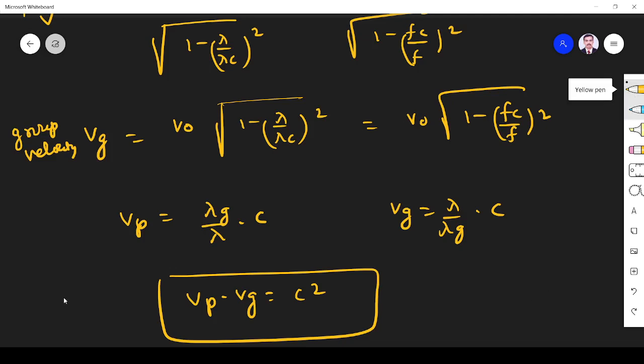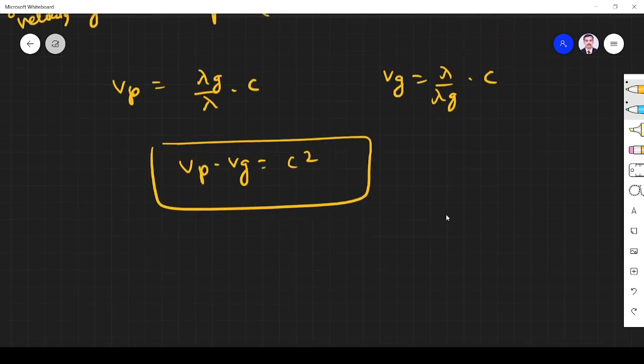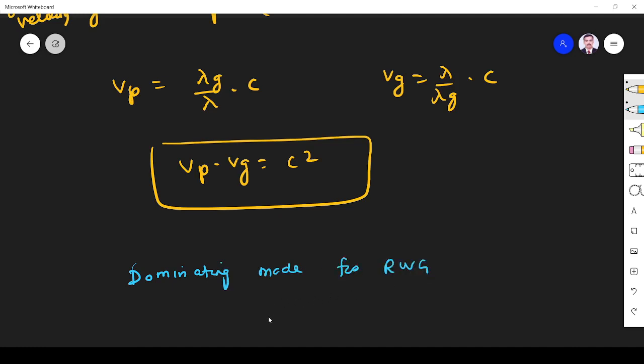Next, the dominating mode for a rectangular waveguide is TE10. What is the dominating mode?